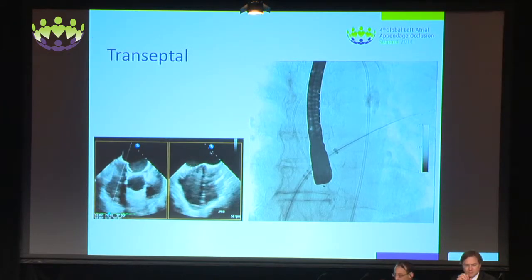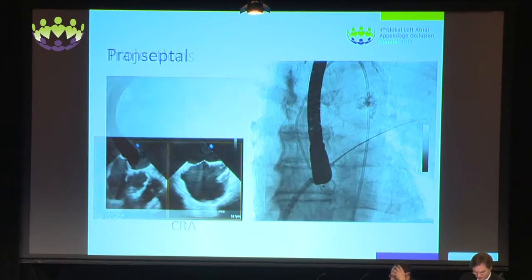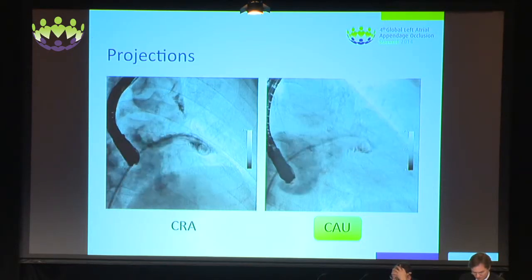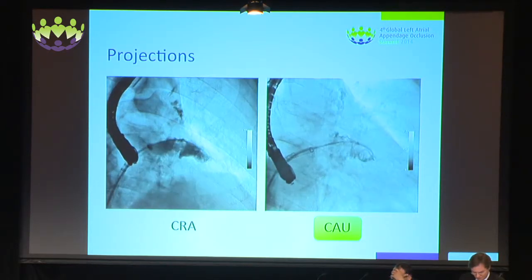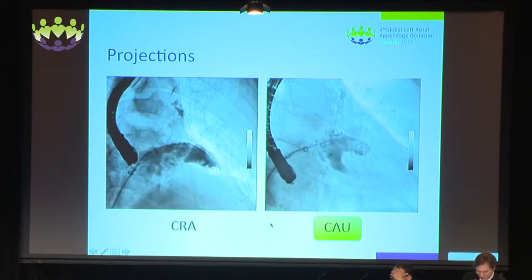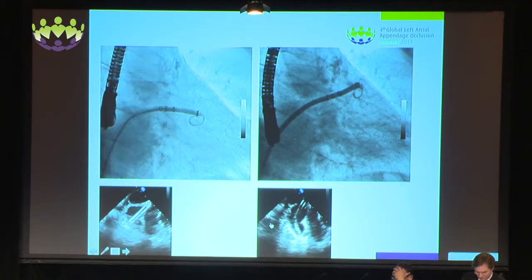Again, the transseptal should be in the inferior and posterior part in order to allow the sheath to move inside the LAA. And again, the caudal projection gives a good impression of the distal lobes. Here you can see that there are two lobes with a proximal bifurcation of the lobes. So we explore the inferior lobe.